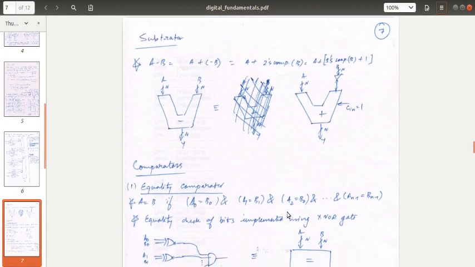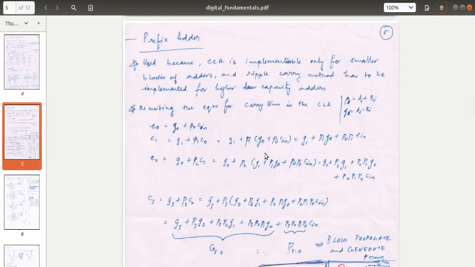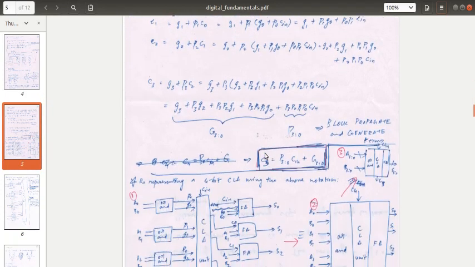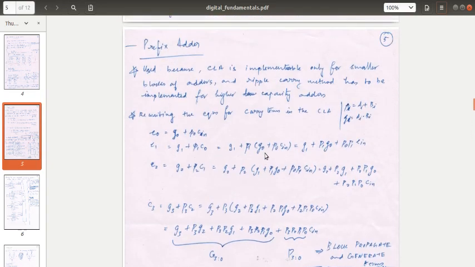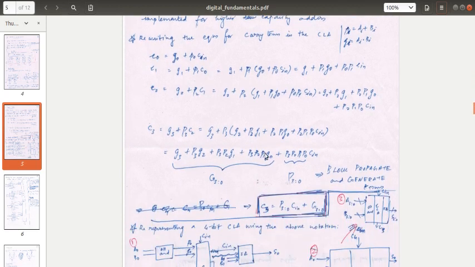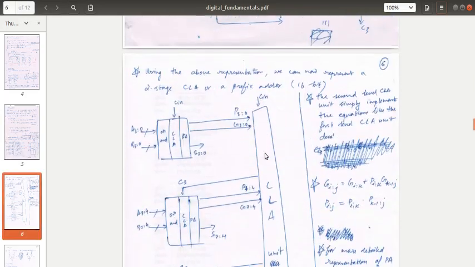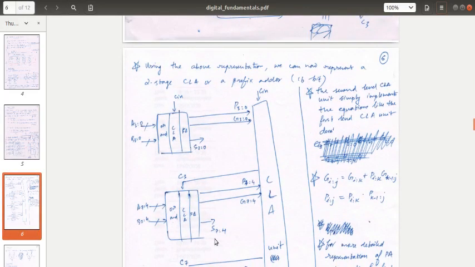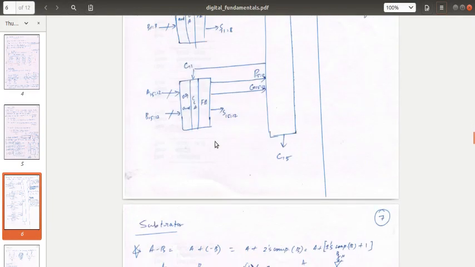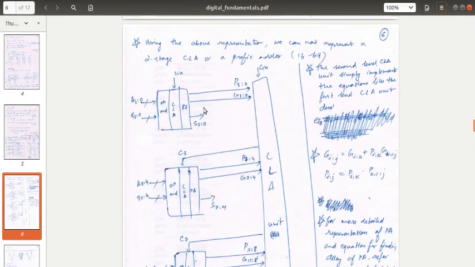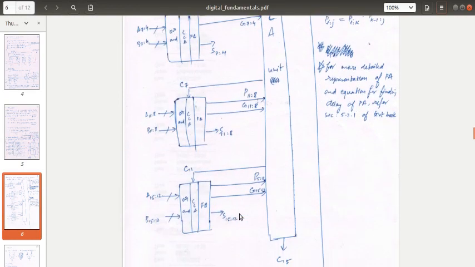Okay. So to once again review and wind up the topic, a carry prefix adder is basically a 2-level carry look ahead adder implementation. Instead of using single full adders, we are using blocks of 4-bit carry look ahead adders, and we are providing the predicted carry for each block.